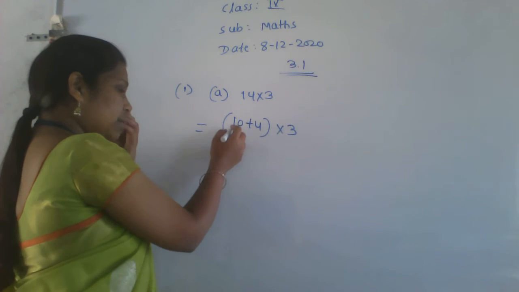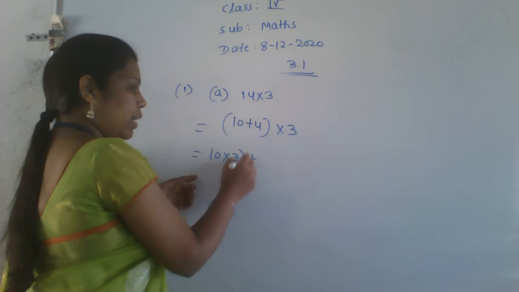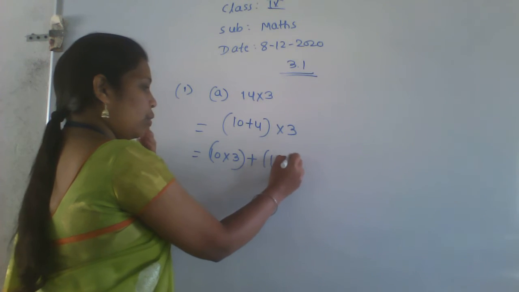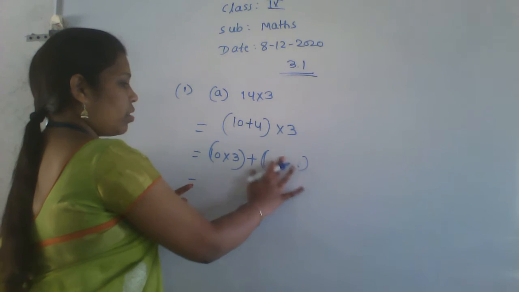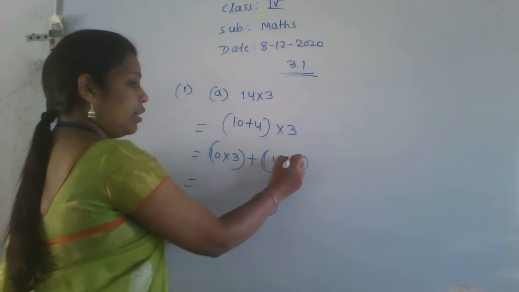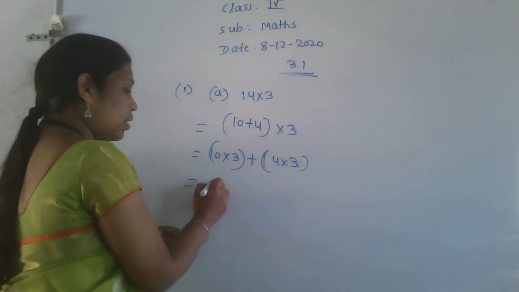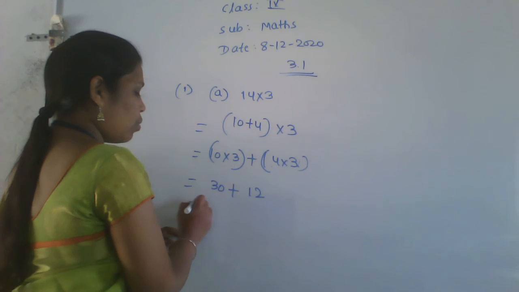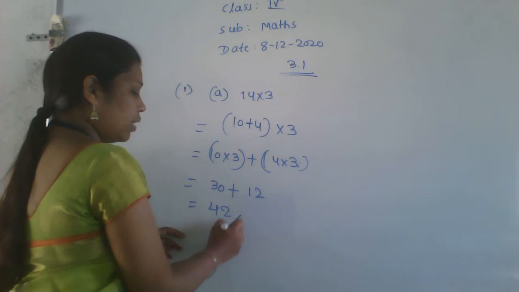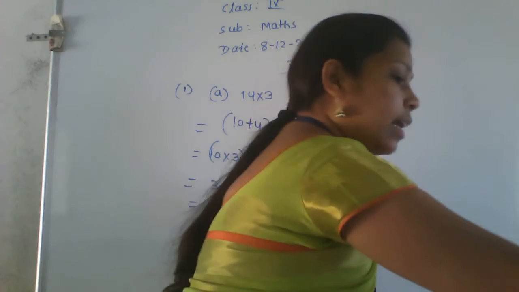First multiply with the 3. 10 into 3 plus 4 into 3. So 10 into 3 is 30 plus 4 into 3 is 12. What is the answer? 42. Answer is 42. Next problem.